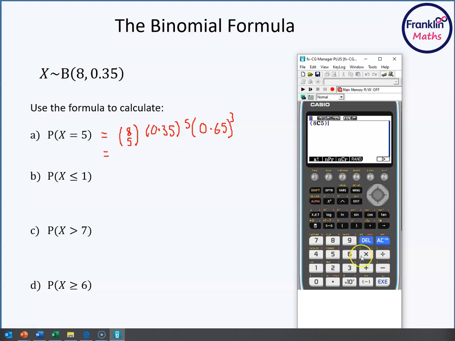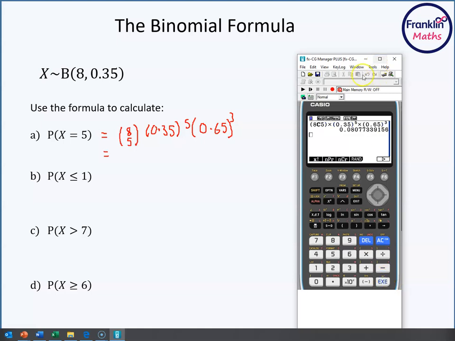Multiply that by 0.35, think about the last question there, to the power of 5. I'm putting brackets in because sometimes with the calculator, particularly these choose bits and pieces, it doesn't quite like it. So I'm just going to be sort of over the top with writing it out. 0.65 up to the 3.